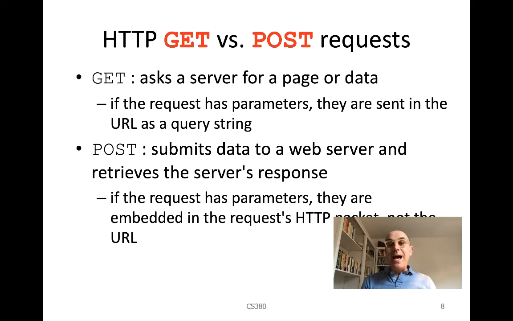So the get asks the server for a page or data, so it is basically a request, a request that allows us to send this information in a query string. The post, on the other hand, submits the data to a web server and retrieves the server response, which is the preferred way to do that.